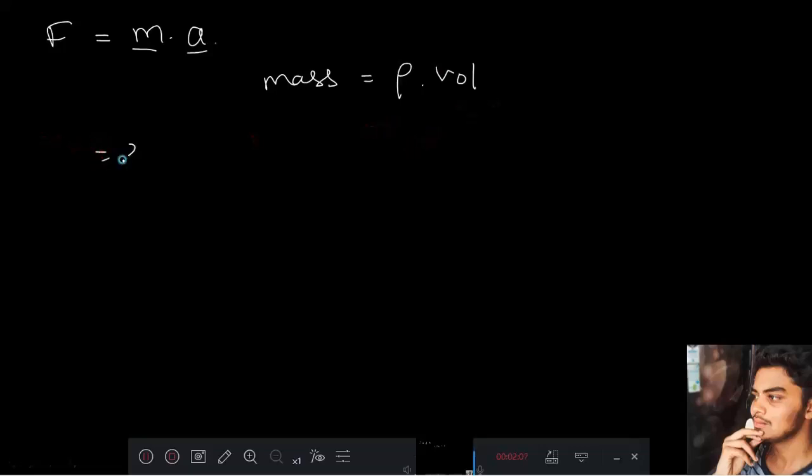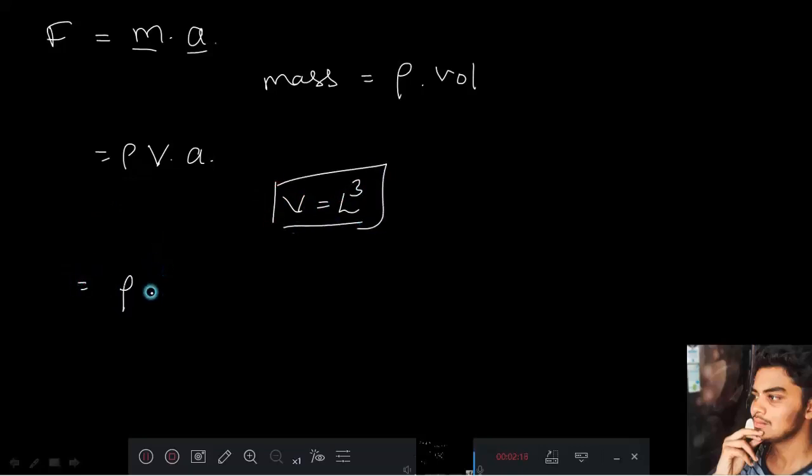Then for force, we have F equal to m into a, that is mass into acceleration. Mass is given by density into volume. Then the formula becomes rho into V into a. Volume V is equal to L cube, that is length cube. Then the formula becomes rho into L cube into a.